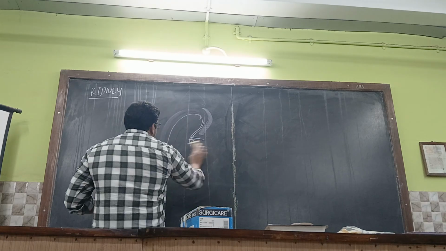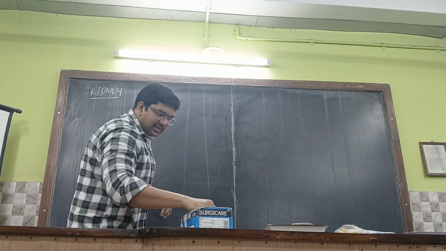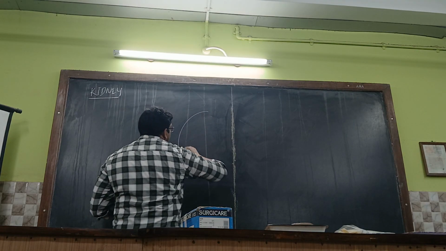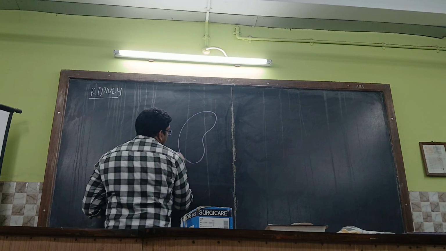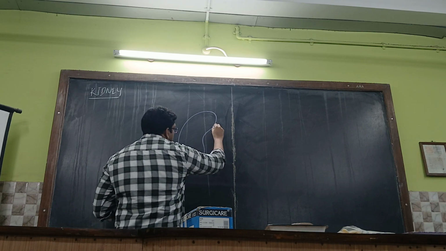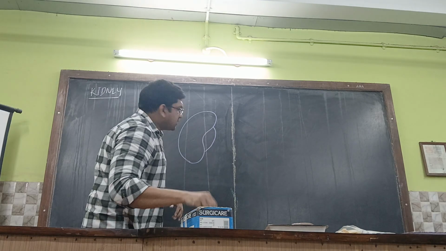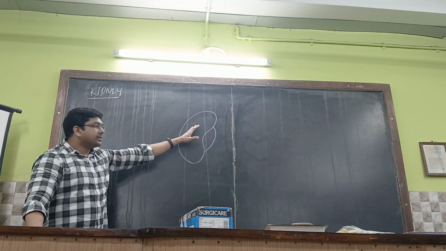So let us see the borders and surfaces of the kidney. First of all, what might be the borders of the kidney?